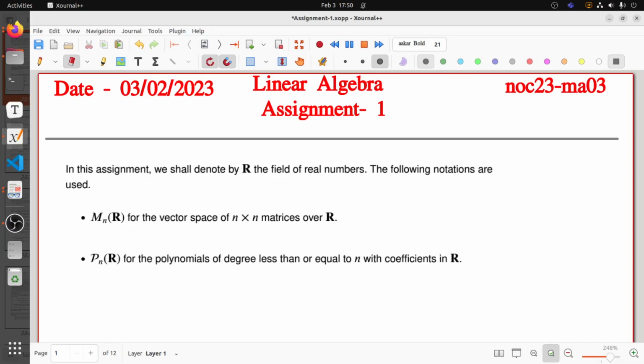Then how will you define the addition, (p1 + p2)(x)? What is the definition?